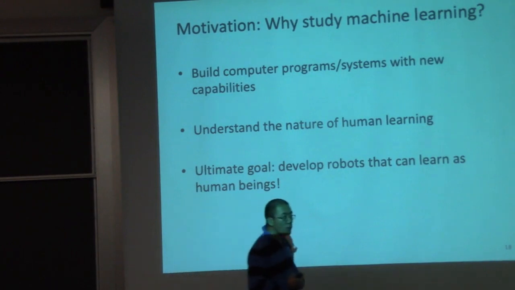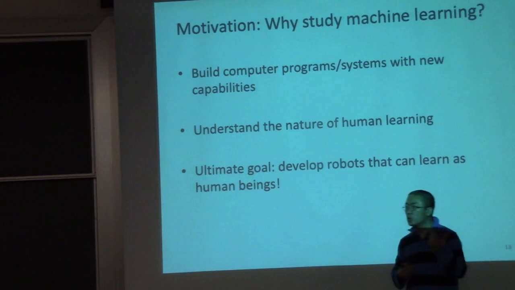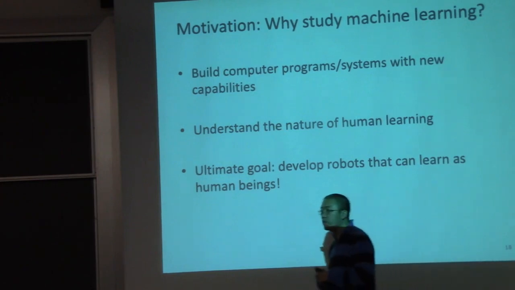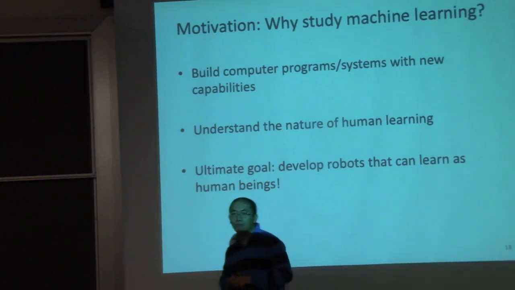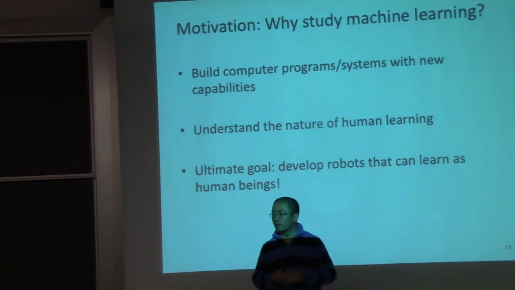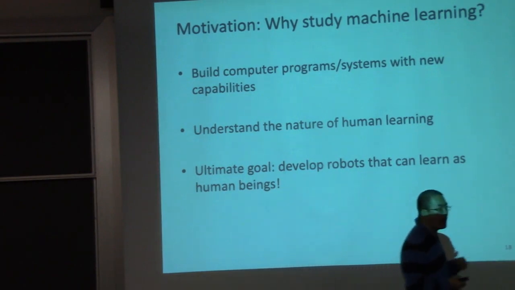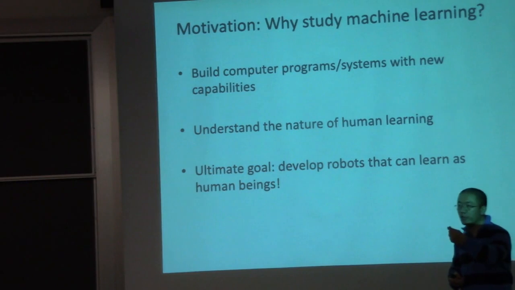We know that we human beings can learn something from only two examples. We can generalize very well. But machine learning needs a lot of training examples. It needs big data. What's the difference between them? What kind of hidden factors lead to the difference between machine learning capability and human learning capability?